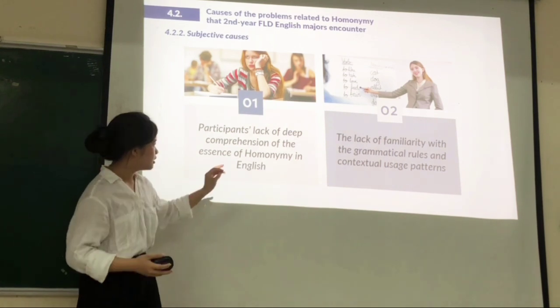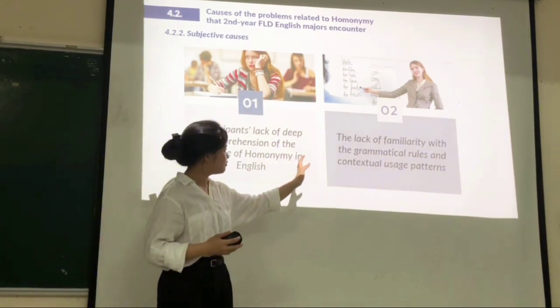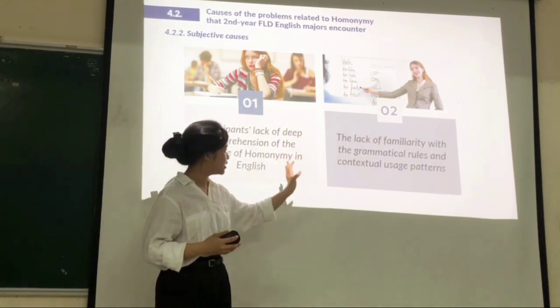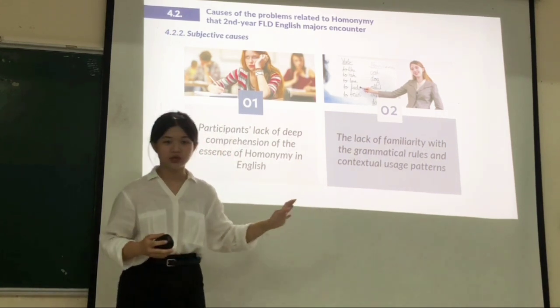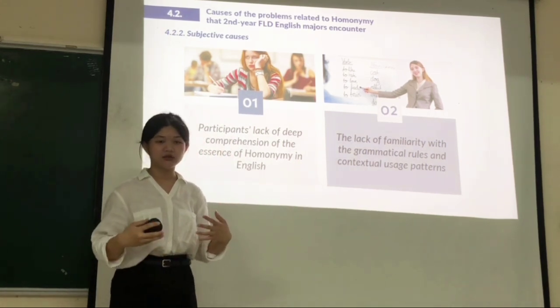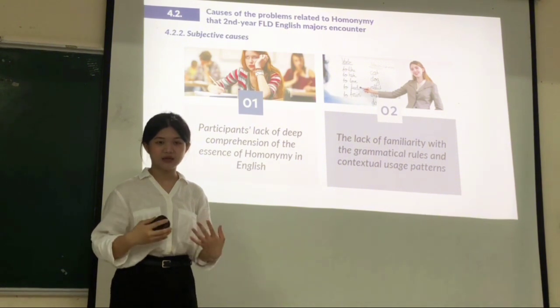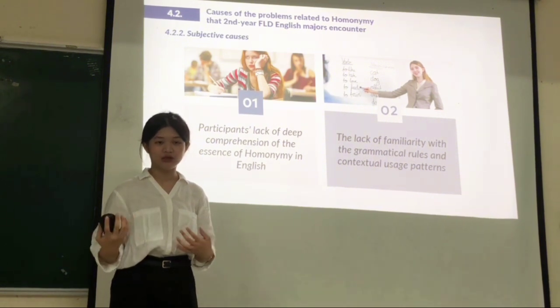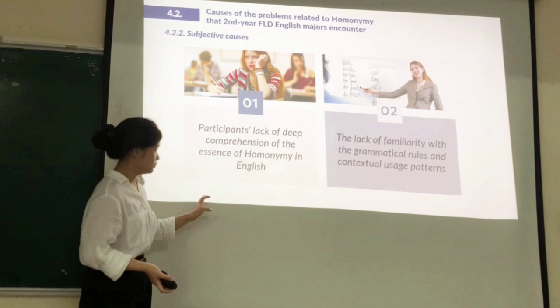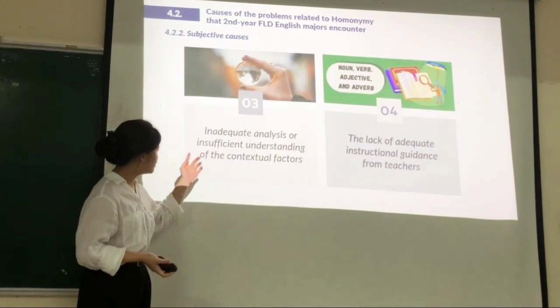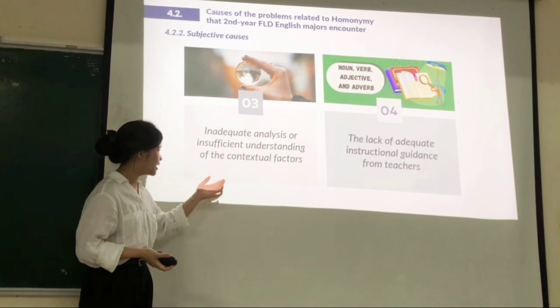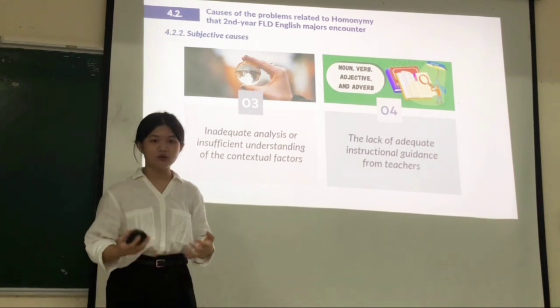And secondly, the lack of familiarity with the grammatical rules and the contextual usage patterns of the word can also lead to mistakes for learners. Moreover, inadequate analysis or insufficient understanding of the contextual factors can also be one of the main factors.